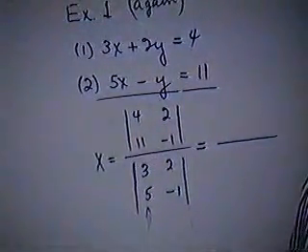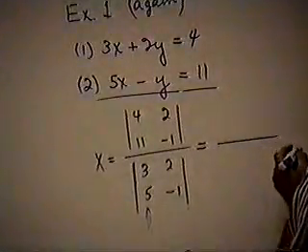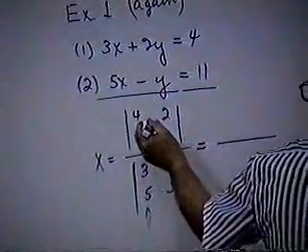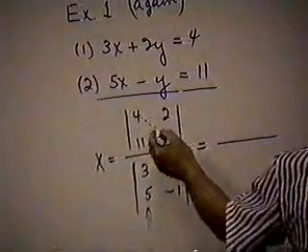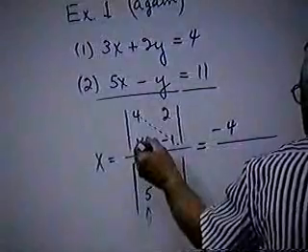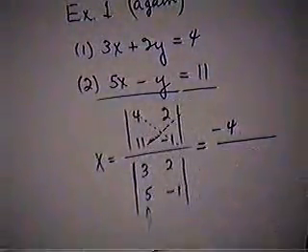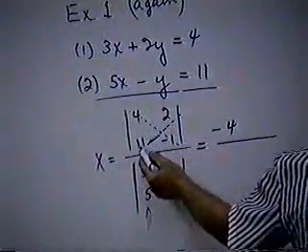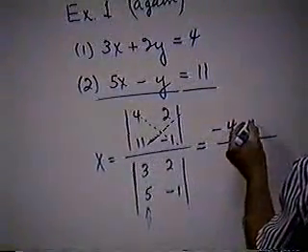Now, working to determine, if you don't know how to do a 2 by 2 determinant, I'll explain it now. You multiply down. 4 times a minus 1 is a minus 4. And you multiply up. When you multiply up, you change the sign of whatever you get. Multiplying up is 22, but we change that sign to a minus 22.